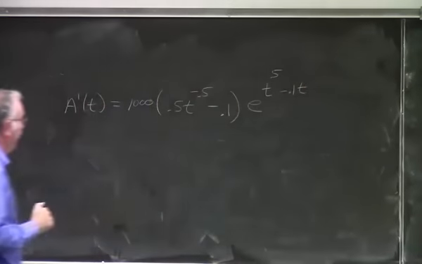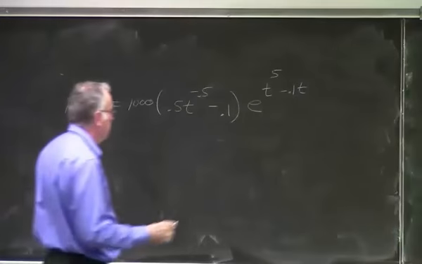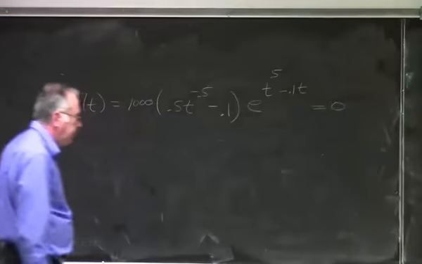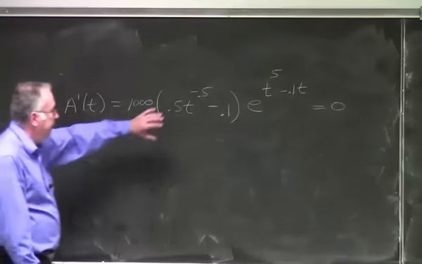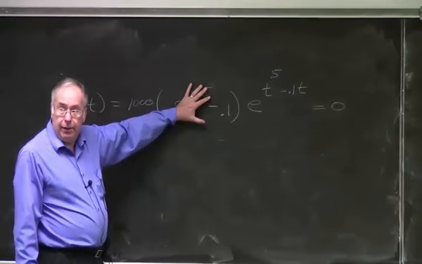Okay. That is A prime of t. We set this equal to 0. Now, there's only one way this equation is going to be equal to 0. That's if this expression within parentheses is 0.